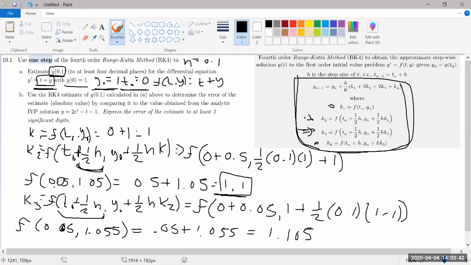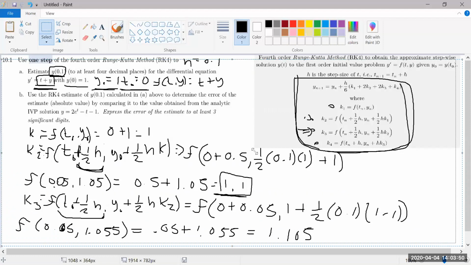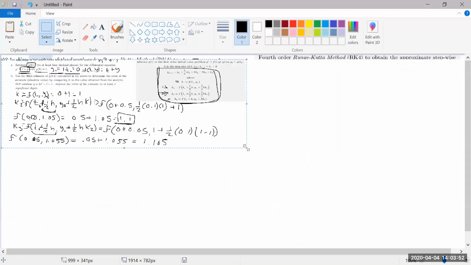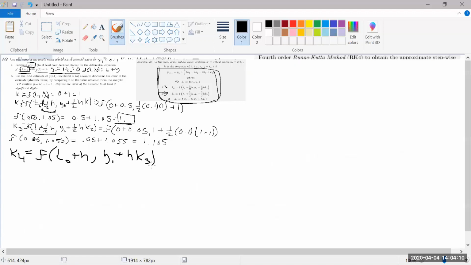Okay, and now for our K4, I'm going to make our screen smaller so we can fit it all in. For K4, we get our function evaluated at t naught plus h, comma, y naught plus h times k3.